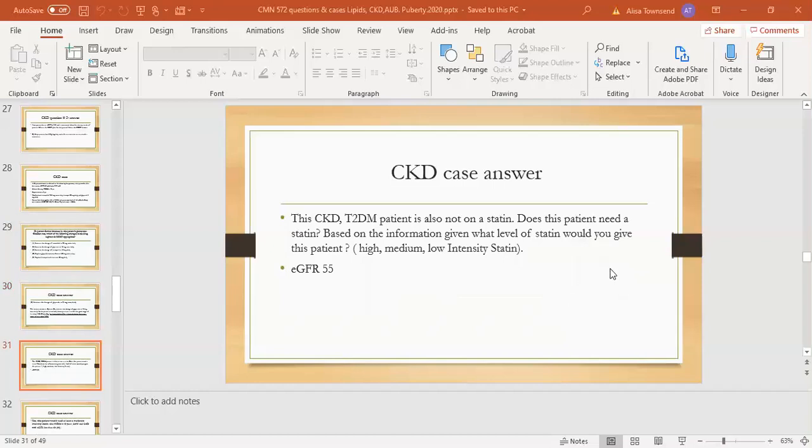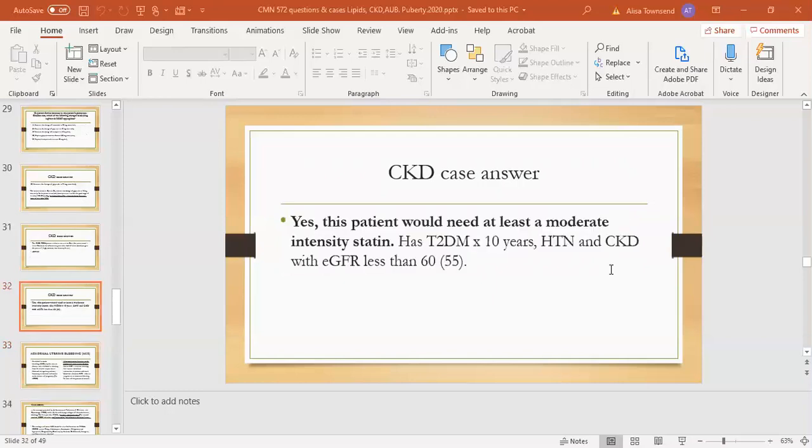Okay, we've got CKD, we've got this patient and he's not on a statin. What are you going to do? Does he need to be on one? Right. At least, you know, you can at least do a moderate intensity.